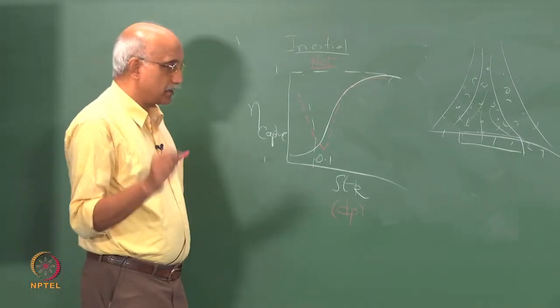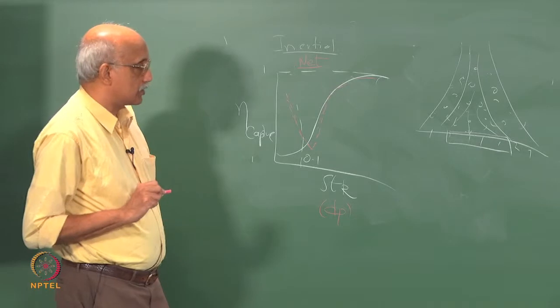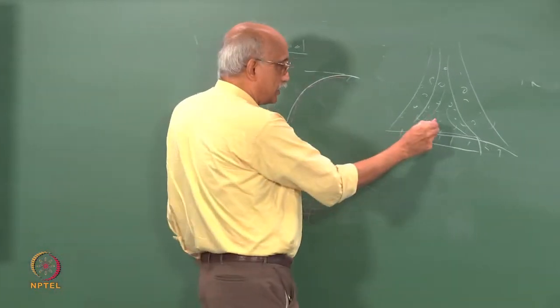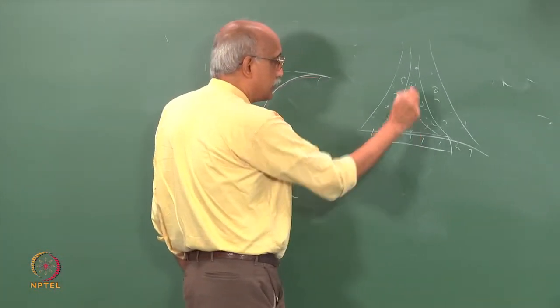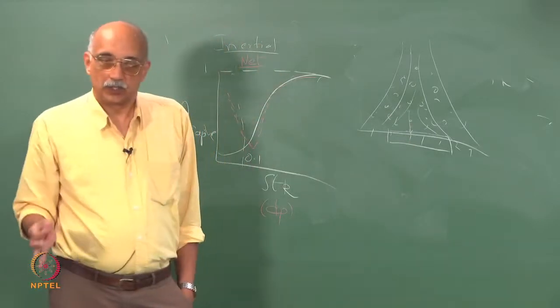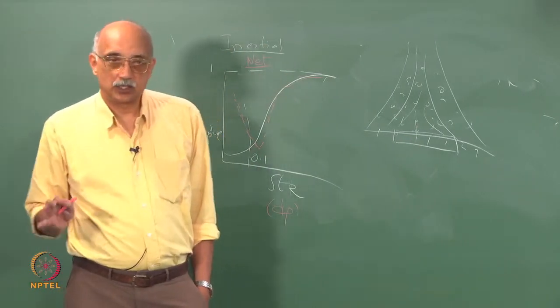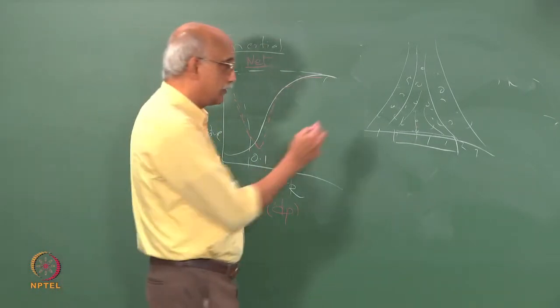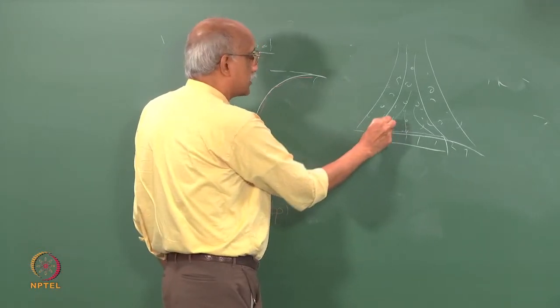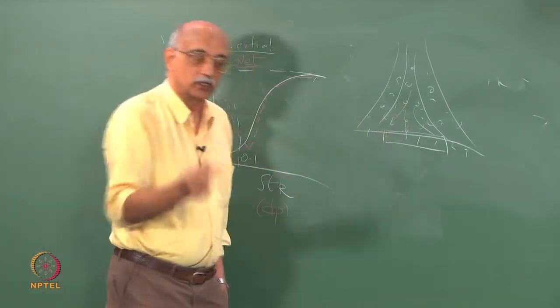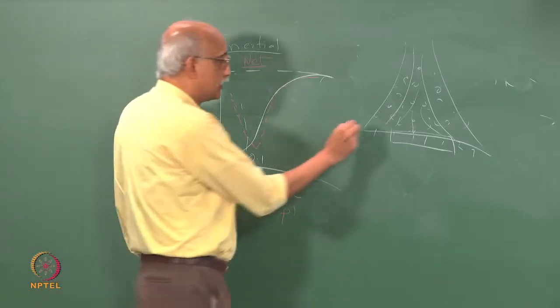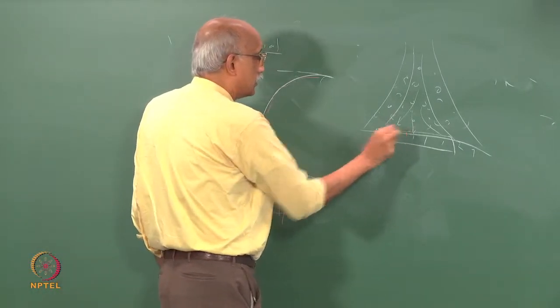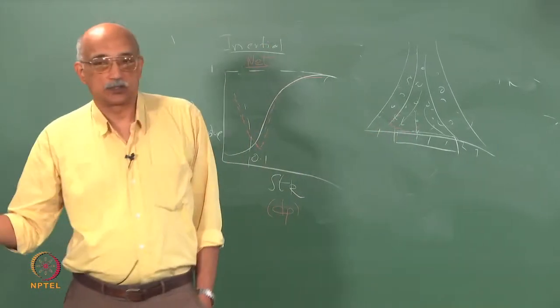The other reason for that, I think I alluded to this in the next lecture also, is that just like particles can deviate from streamlines because of their inertia, they can also deviate from streamlines because of diffusion. So, a very fine particle, instead of simply following the convective flow of the carrier fluid, could diffuse and deposit on the surface.